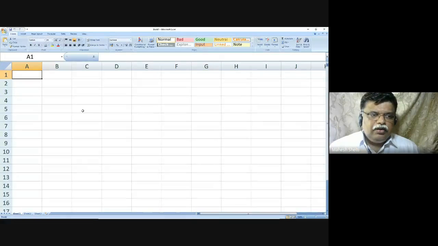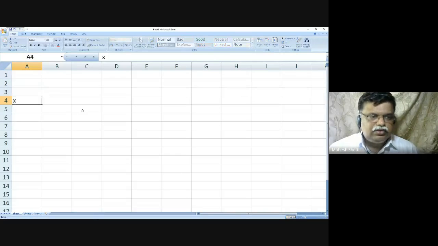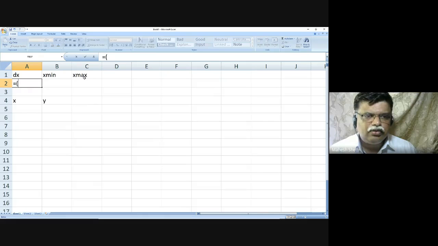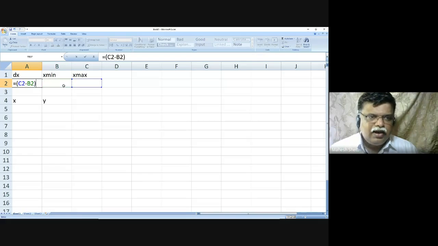Suppose x is here, and f of x, or y, is here. Let me write y. I'm going to write x minimum here, x maximum here, and dx here. This will be x max minus x min, and say I want to divide everything into intervals of 1000.